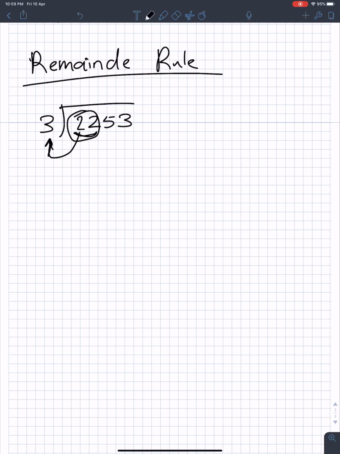But let's go back to the original equation, 4,253. We say our 3 times tables until we get as close as possible to 4, but not greater than 4.